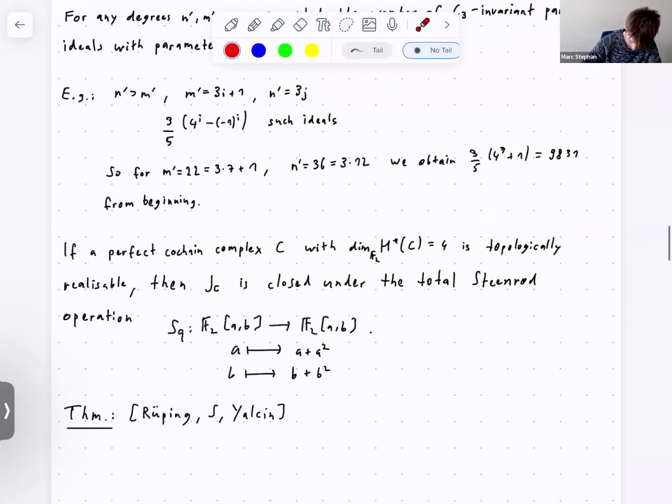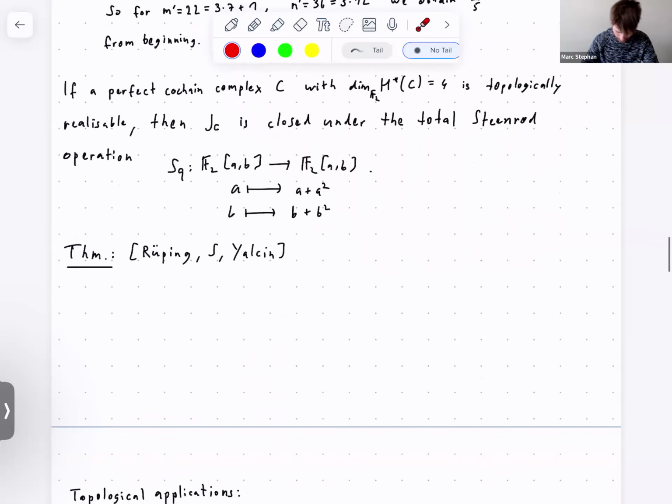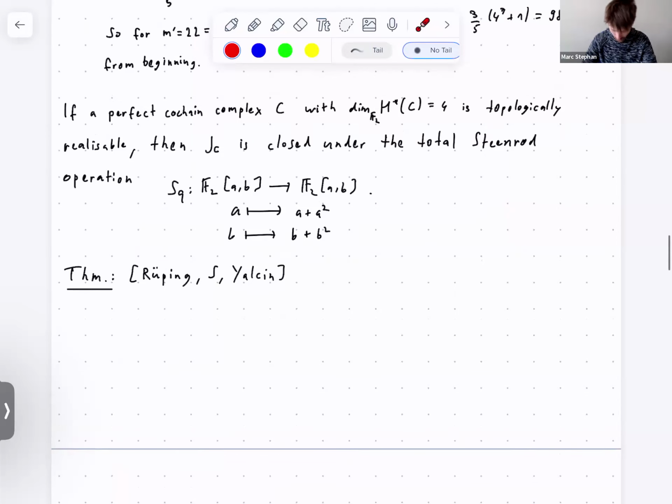And now with Henrik and Ergün, we have classified all these Steenrod closed C3 invariant parameter ideals. Instead of writing down all the lists, let me just mention that we have this classification.